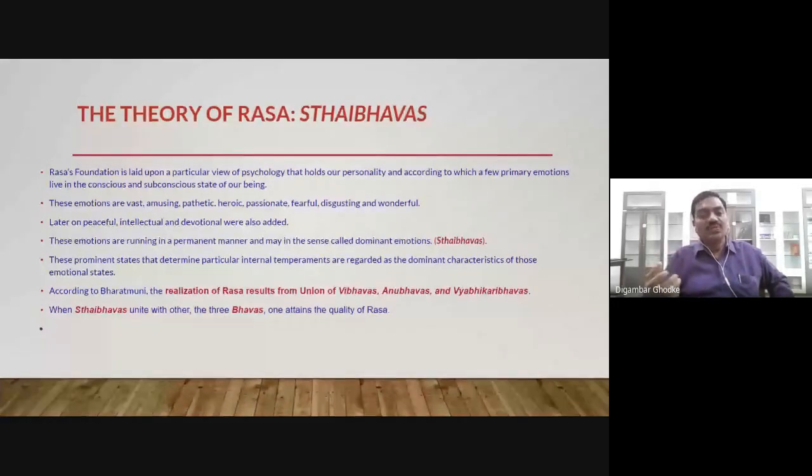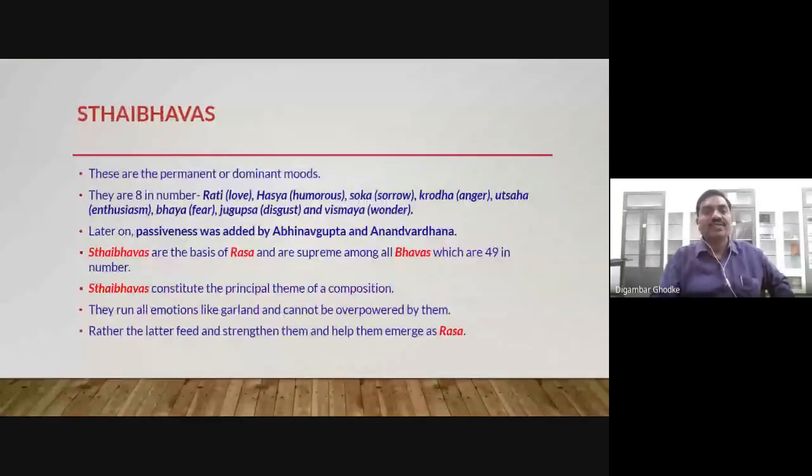So it comes out of these bhavas: sthai bhavas, vibhavas, anubhavas, and vyabhichari bhavas. We shall understand them first, one by one, and later on we shall talk about the different types of rasas. Now let's focus on the first bhava, that is sthai bhavas.